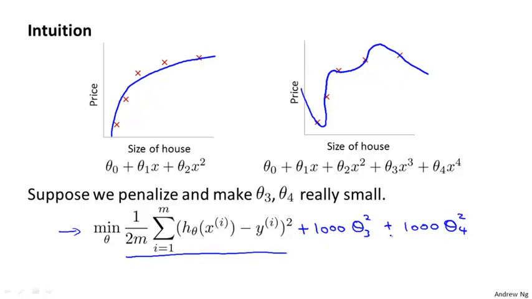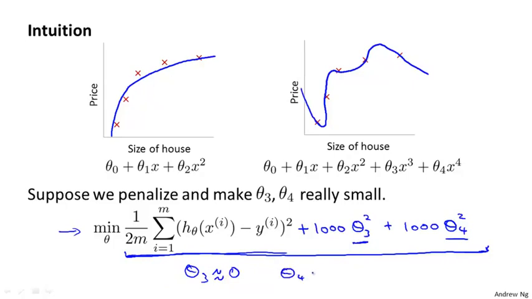Now, if we were to minimize this function, the only way to make this new cost function small is if theta3 and theta4 are small, right? Because otherwise, if you have 1000 times theta3, this new cost function is going to be big. So when we minimize this new function, we're going to end up with theta3 close to 0 and theta4 close to 0. And that's as if we're getting rid of these two terms over there.